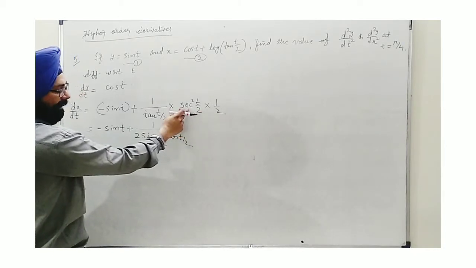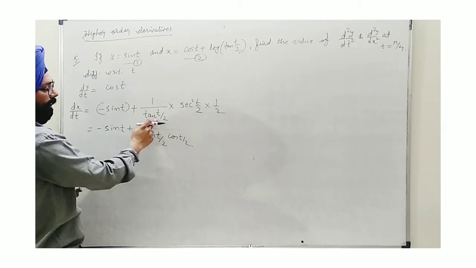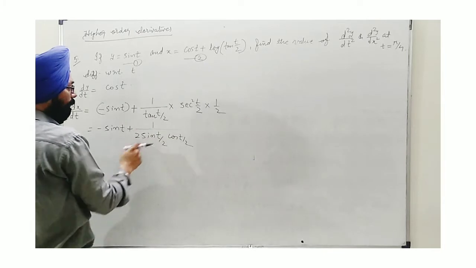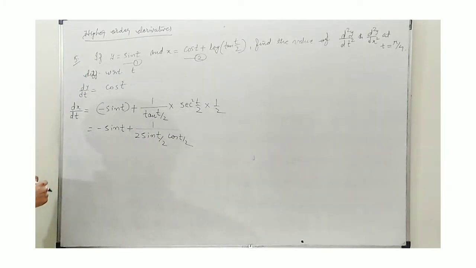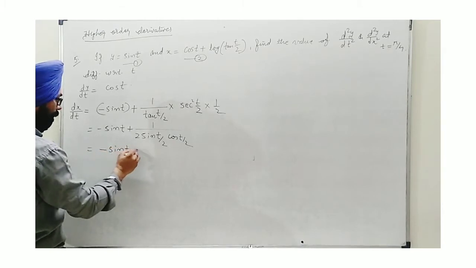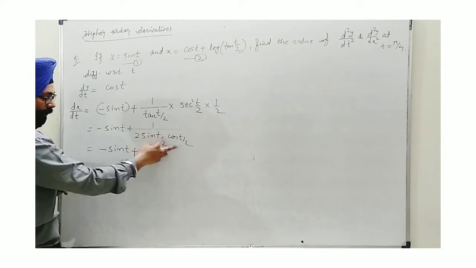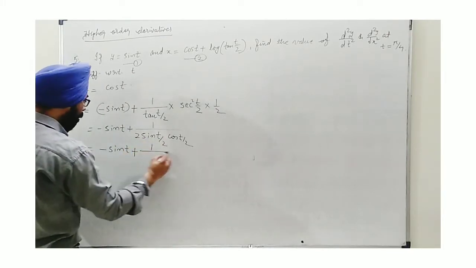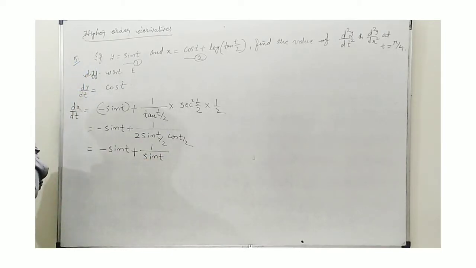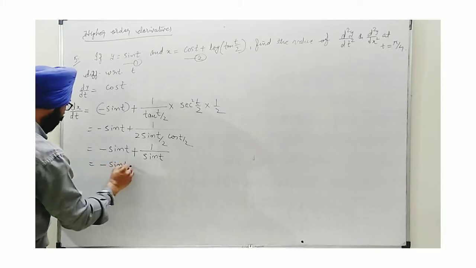Here I have written sec square as 1 upon cos square, this I have written as sin upon cos. So that's why after cancellation 1 upon cos t by 2 will come in multiplication with sin t by 2. And finally what we see, we are having minus sin t. Here the identity of 2 sin theta cos theta is applicable. So I see this will become 1 upon sin t. Further 1 upon sin t obviously will be written as cosec t.